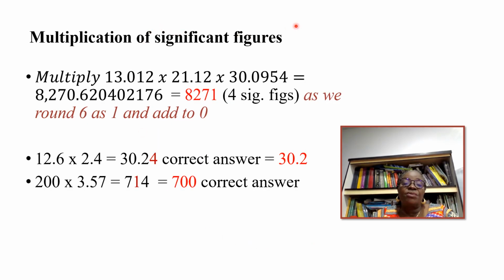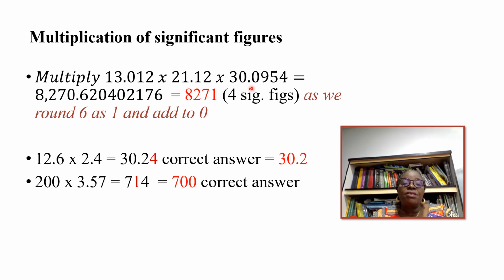Multiplication of significant figures. In multiplication of significant figures, the rule is to count the number of significant figures in each number being multiplied and then limit the significant figures in the answer to the lowest count. If you are told to multiply 13.012 times 21.12 times 30.0954, let's count the significant figures. 13.012 has 5 significant figures. 21.12 has 4 significant figures.